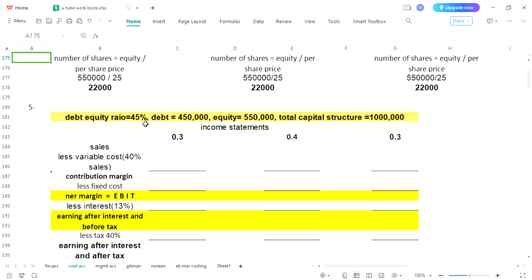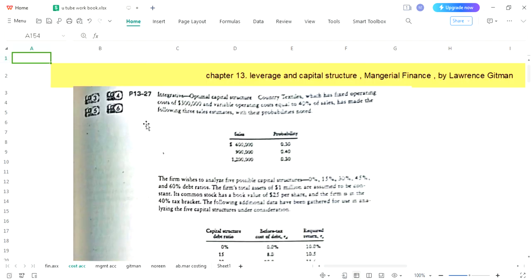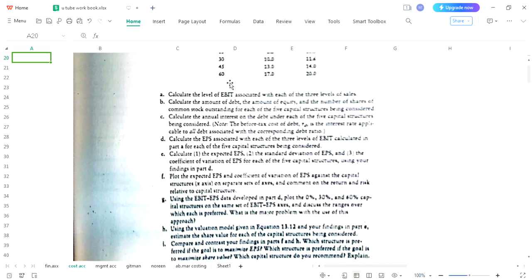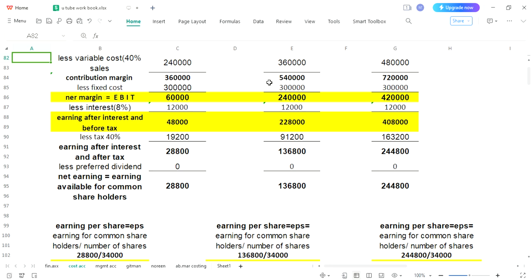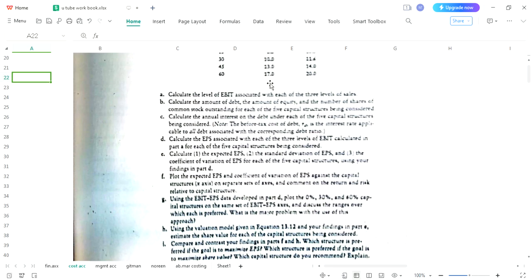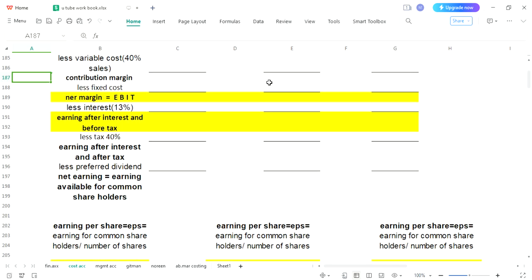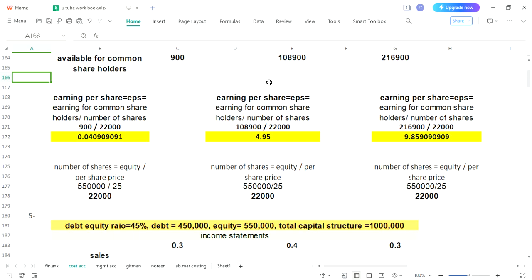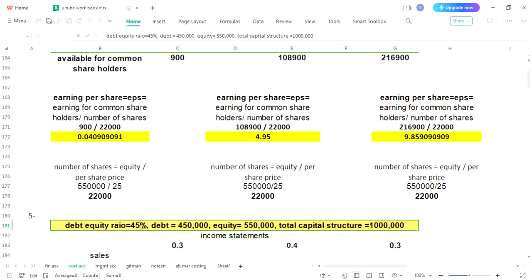It was 45%, and you know 60% is our next proportion of debt equity with 17% interest. The debt equity ratio is 60%. So over here, instead of 45% it would be 60%.